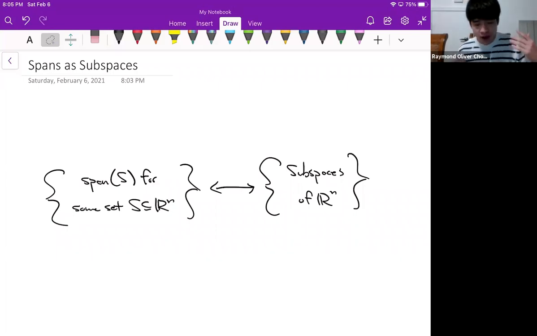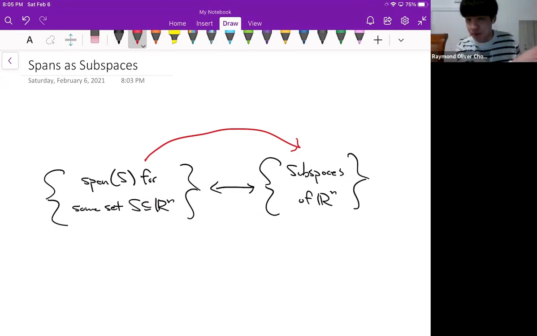Now, I talked during office hours or during Discord with a few people, and they told me that they were confused about what span meant or what all this means. So I thought I'd clear some things up, and then we're going to show this side of the correspondence so that if you have a span of a certain number of vectors, then actually that's a subspace of Rn. And then in a future video or recording, we'll do the opposite way.